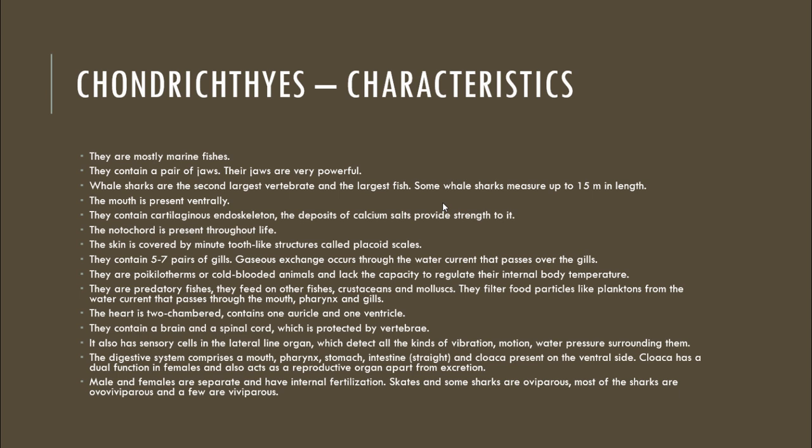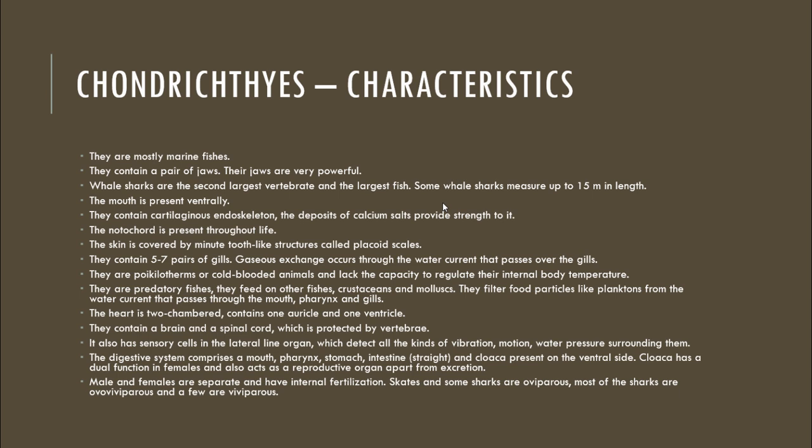Ventrally means in the front, just like yours. Then they contain cartilage in the skeleton. The deposit of calcium salt provides strength to it, even in the bones too. What is giving your bone strength majorly is collagen. But when you talk about hardness, it's your what? Calcium ion.